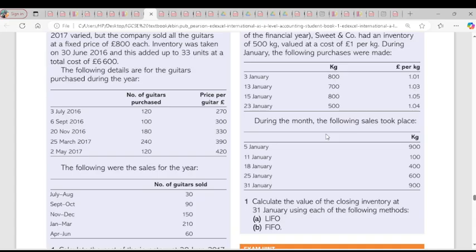The inventory is reducing. On 2nd of May 2017, which is the last one, 120 purchases of guitar for 420 per price. So 420 multiplied by 120 gives us 50,400. You add it because that's the last inventory we have. You add it with the closing inventory in March, and it gives us 125,670.